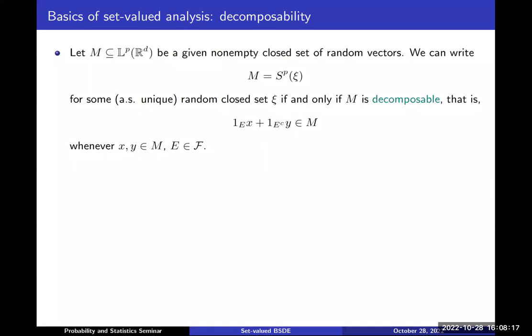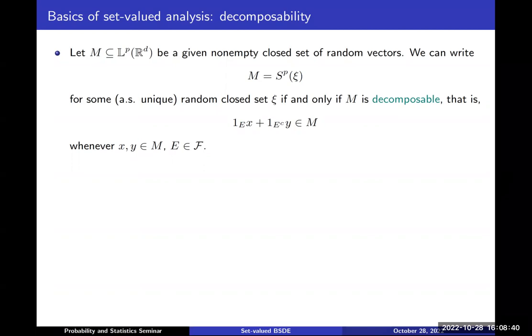It has measurable selectors, integrable selectors, and so on. So this gives you a subset of LP. If you start with a subset of LP, how can you ensure that it is the measurable selectors of some random set? For this, you need to assume the so-called decomposability property on the LP space.